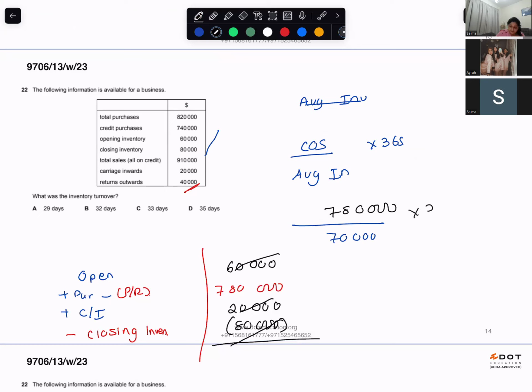So what is the answer? No, it is average inventory over cost of sales. It's 70,000 upon 780,000 into 365. 32.75, so 33.